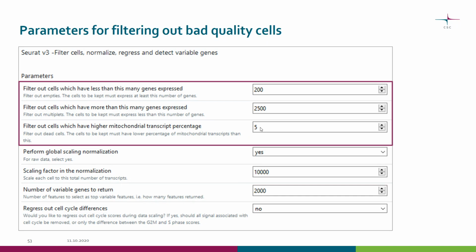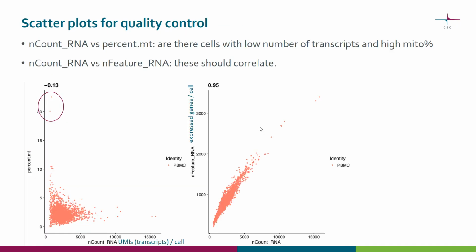Now there was another plot that I skipped. This is basically using the same information, just plotting it differently. Here we have scatter plots. In the first one, we have the percentage of mitochondrial transcripts versus number of transcripts. Here we want to see if there are cells which might have a small number of transcripts in total, and then a high percentage of those are mitochondrial, so they are likely to be dead cells.